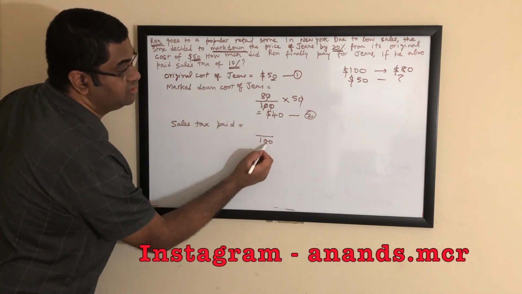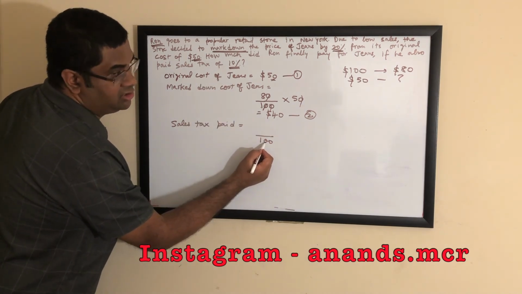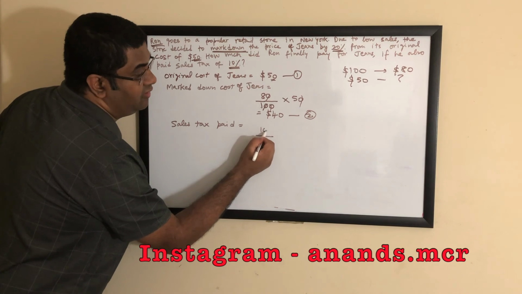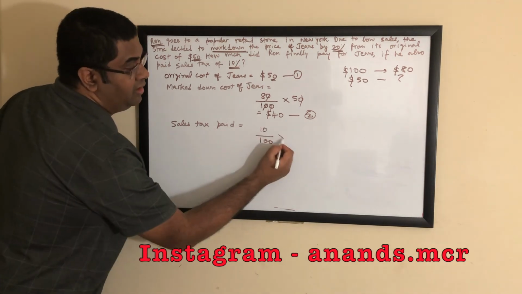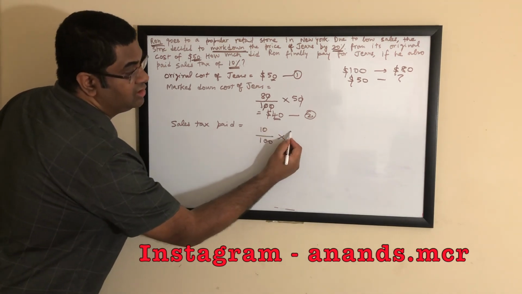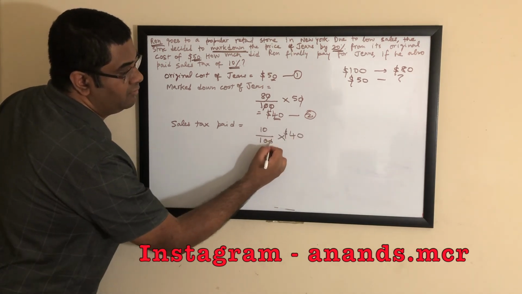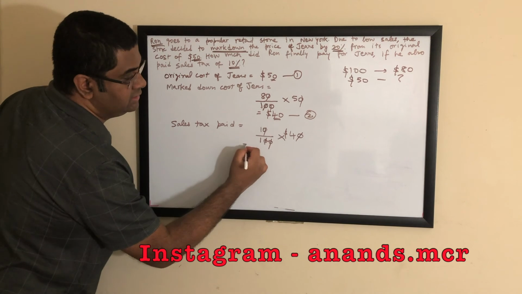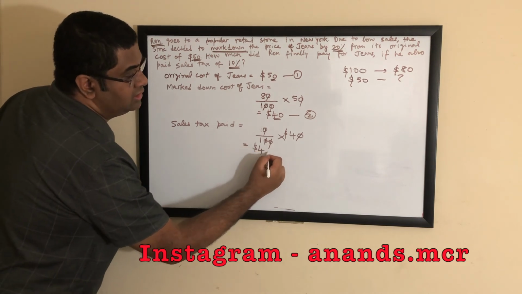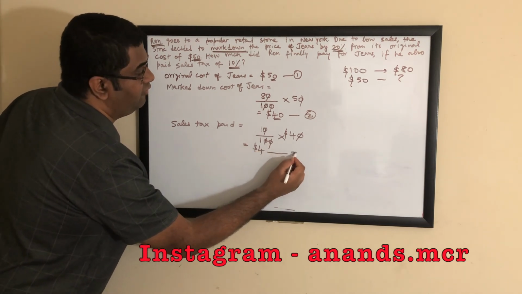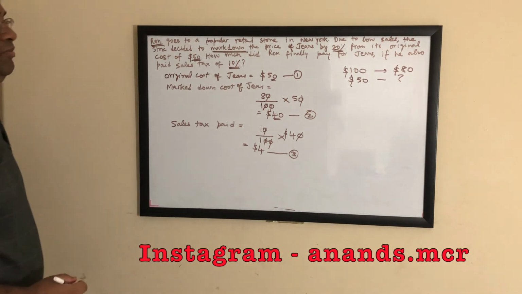It is given as 10%, which means that if the product had cost $100, a sales tax of $10 would have been paid. We know that the product was sold for $40. Let's see what the sales tax is for $40. It is $4. So Ron paid a sales tax of $4. Let's call it step 3.